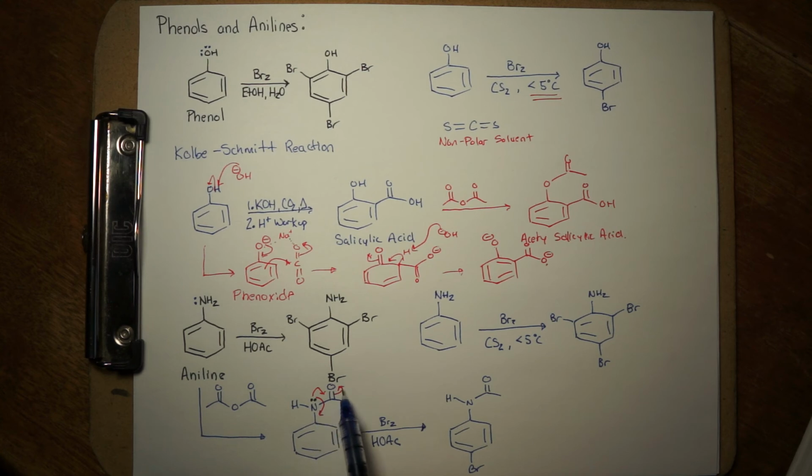You can imagine when we add this acetyl group and we have somewhat free rotation around that carbon-nitrogen bond, that acetyl group is going to be swinging around on both sides of that benzene ring and kind of blocking the ortho substitution from occurring.